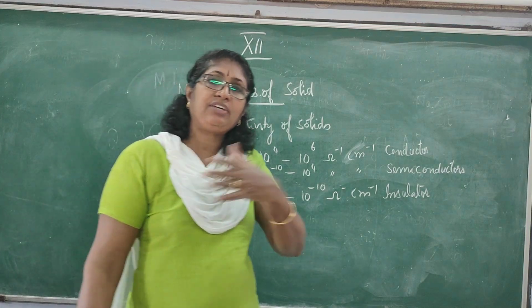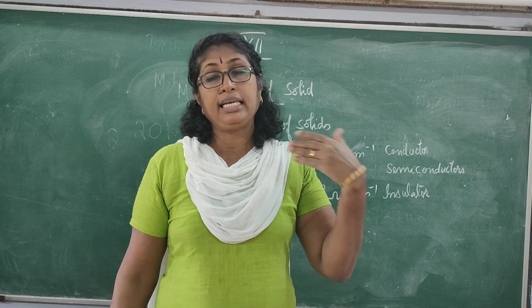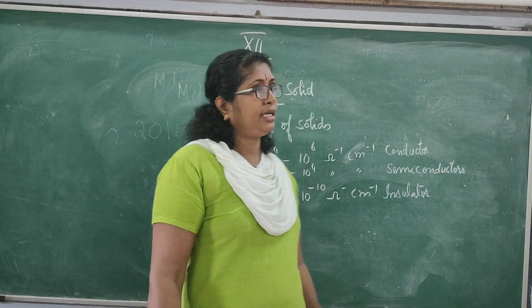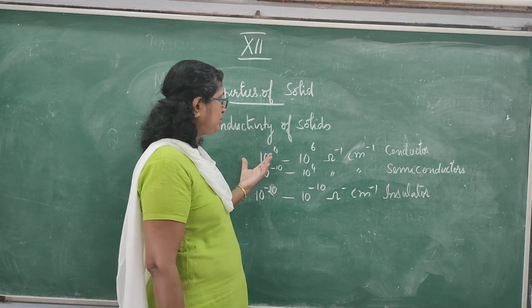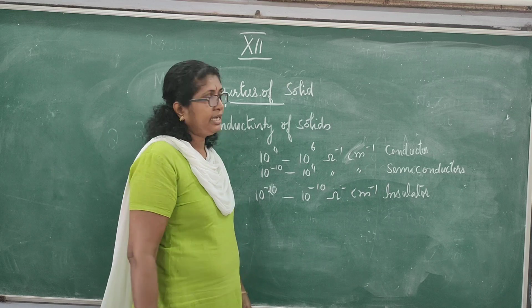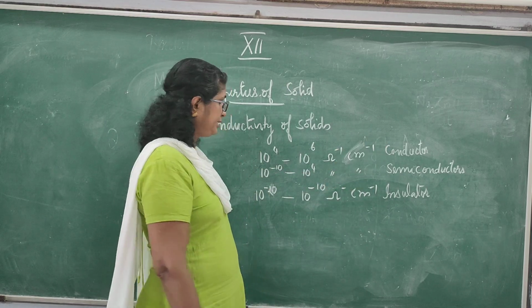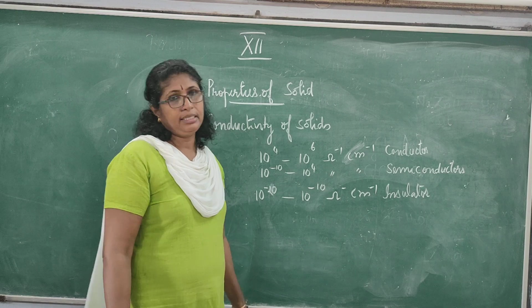Depending on the conductivity, we can classify solids into good conductors, then insulators, and in between them there is semiconductor. For good conductors, the conductivity varies from 10^4 to 10^6 ohm inverse centimeter inverse. If they are insulators, they have very low conductivity, and in between them there is semiconductor.